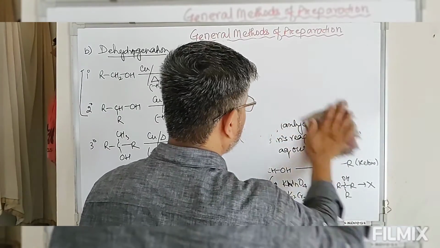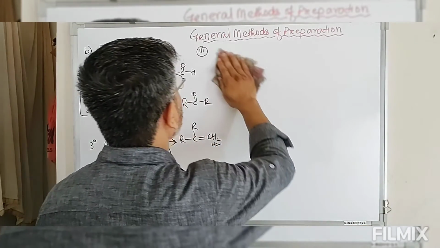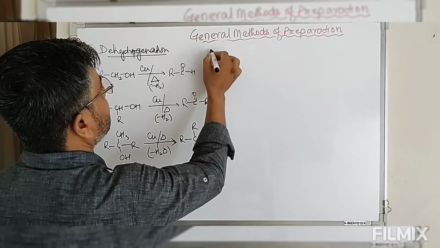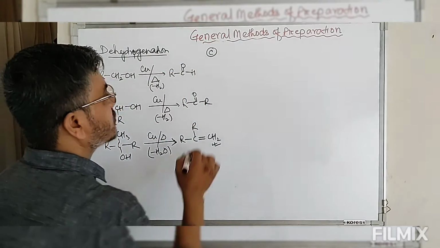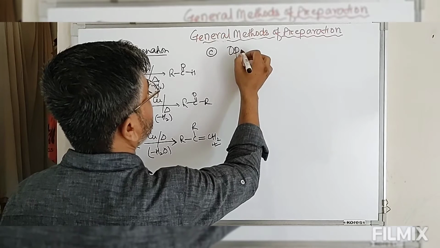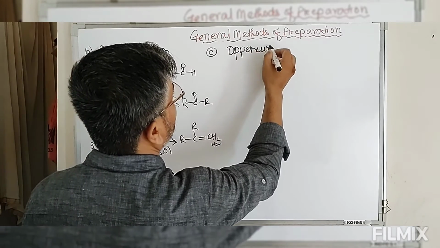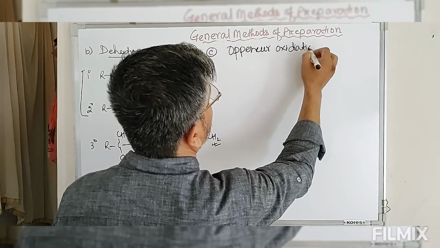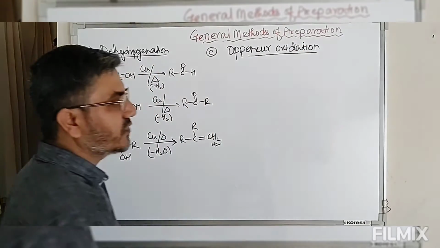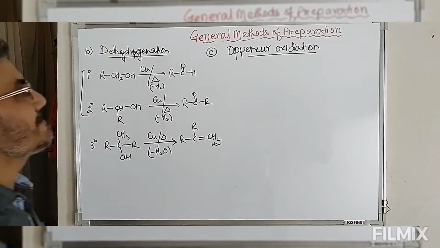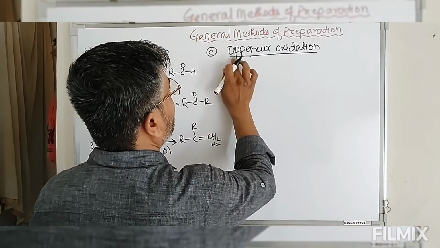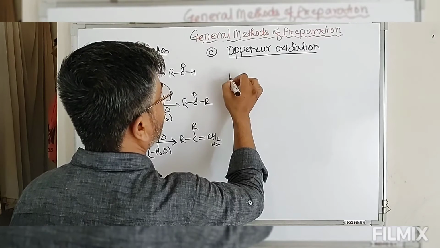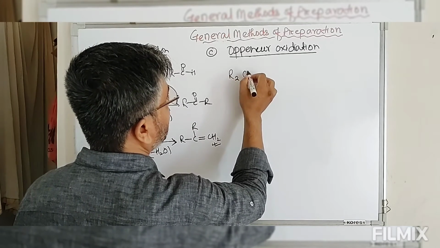Then from alcohol there is a third method. This is a named reaction known as Oppenauer oxidation. Now by this Oppenauer oxidation, we start with secondary alcohol.